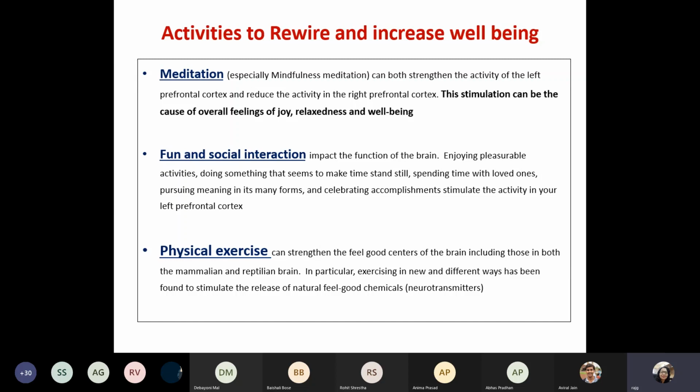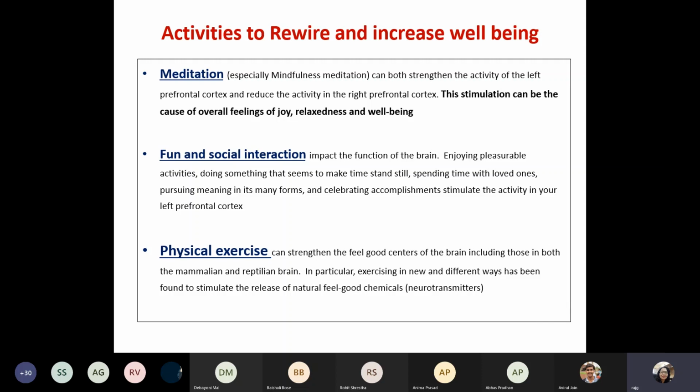Number two is that exercise releases some neurotransmitters, like endorphins, that reduce pain. So it reduces both physical pain as well as psychological pain. And serotonin, again, is a hormone that's related to emotions.